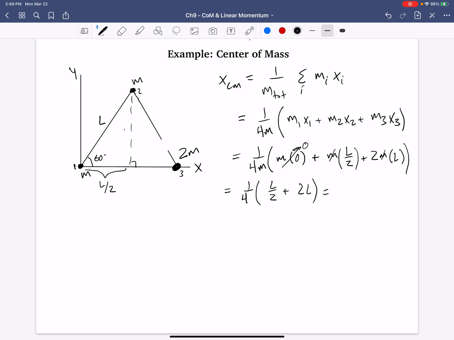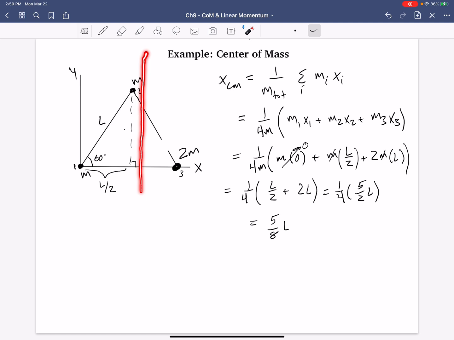If we keep evaluating this, we have 1/4 times 1/2 plus 2, which is 5/2, times L. This will give us 5/8 times L. L over 2 is 4/8 L, so purely in the x direction, 5/8. The center of mass of this system is somewhere along this line, somewhere at that x position.